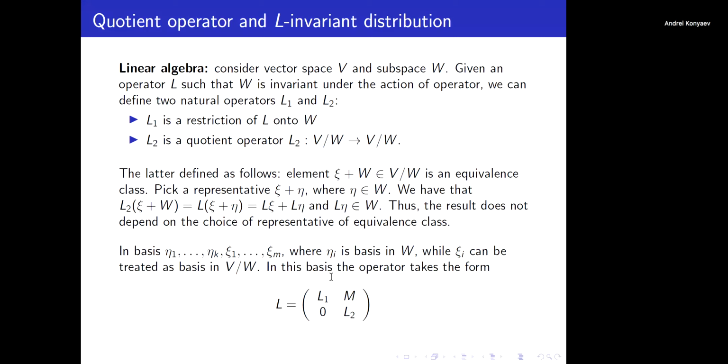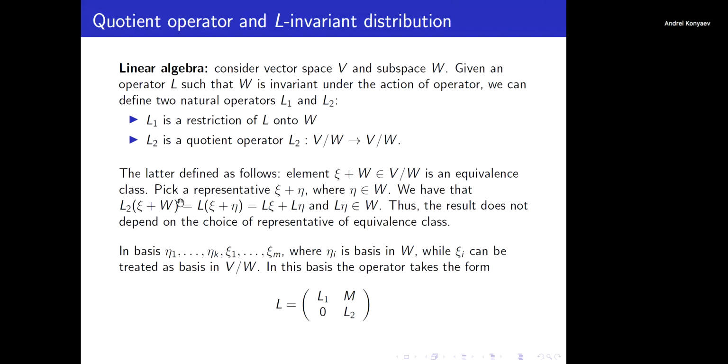The other thing is a quotient operator, which is kind of more complicated, because what you do here is you take a quotient space, right? The elements of the quotient space are those equivalence classes, right? So you take some vector and you add all the vectors from W. And if you apply L, you will see the action of this quotient operator.